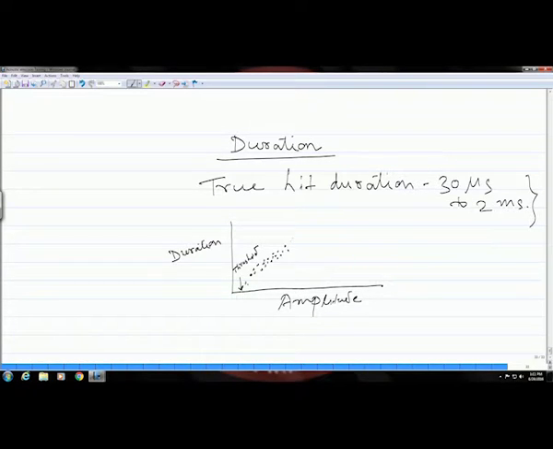Okay. So, if you keep plotting the duration as a function of the amplitude, you will see this will lie along a band like this. All the emission signals which are coming out from actual emission events will lie along this band.